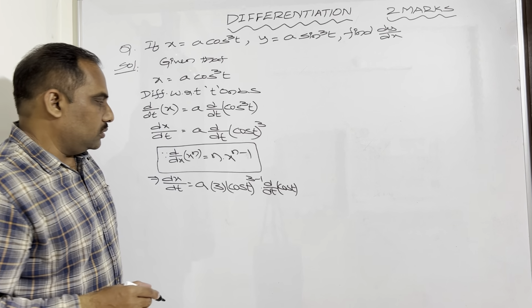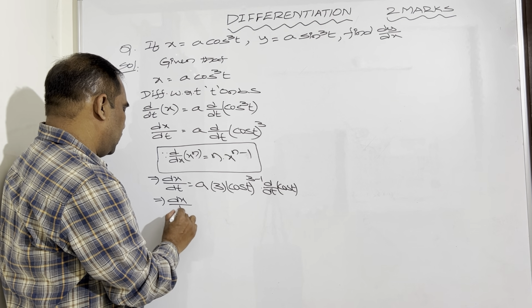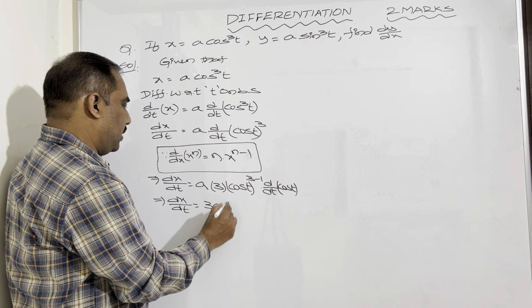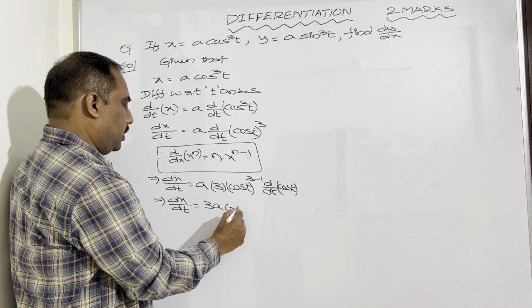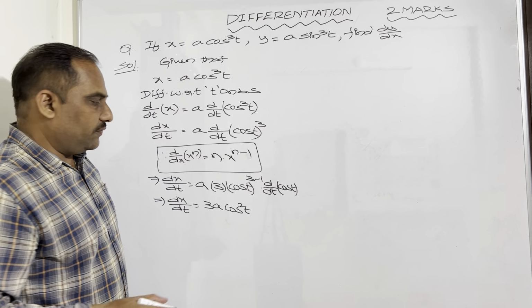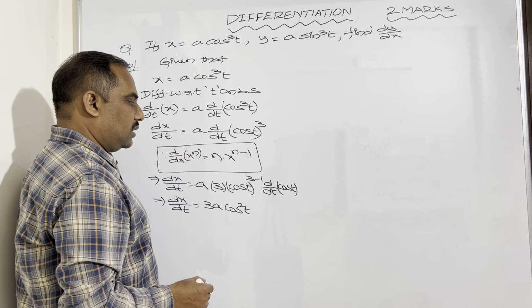So now dx by dt is equal to a into 3, that is 3a, cos t whole to the power of 3 minus 1, we can write cos square t, into derivative of cos t. We know that the derivative of cos x is minus sin x.